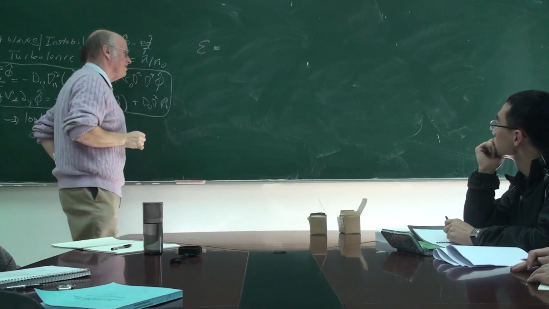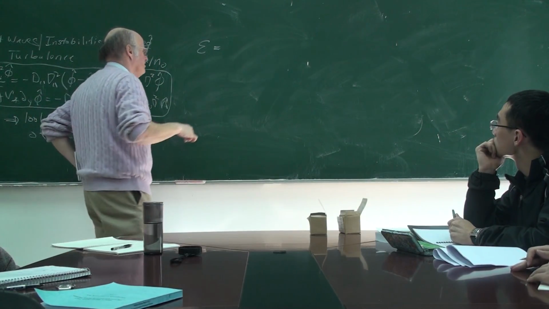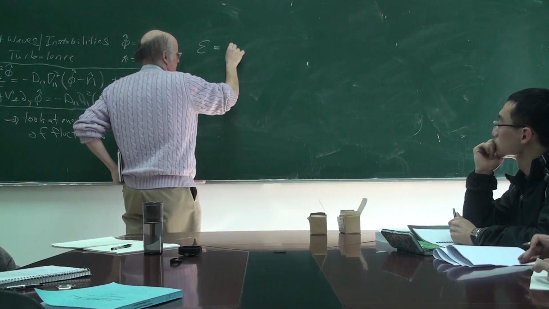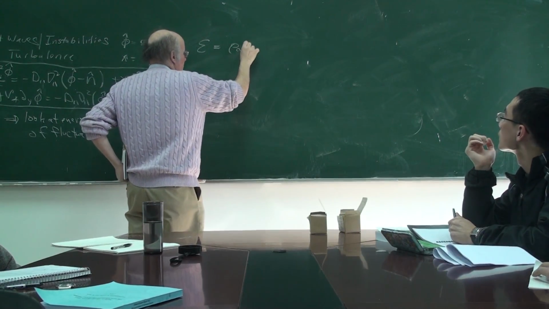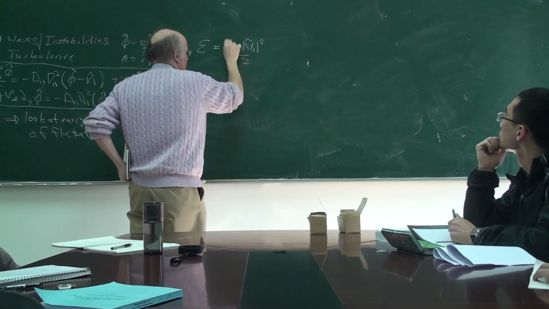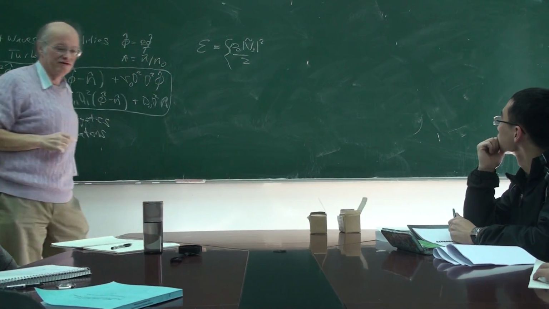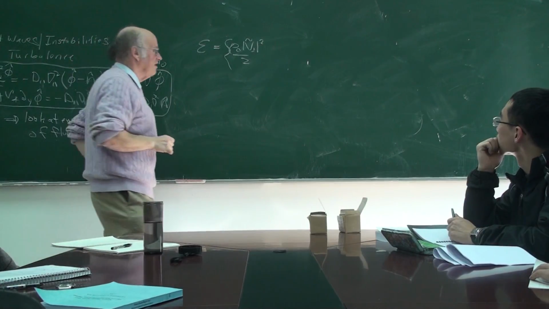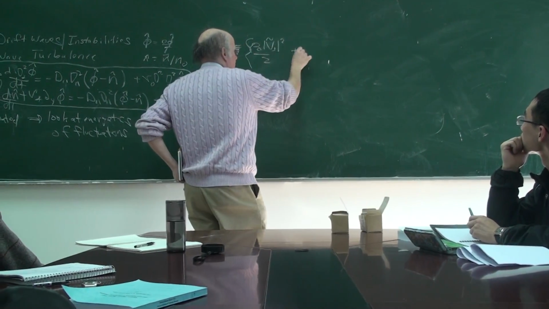Well, the energy density in unnormalized variables would be something like rho naught V perp squared over 2. That would be the kinetic energy of the fluid motion. And you would also have something like an internal energy.